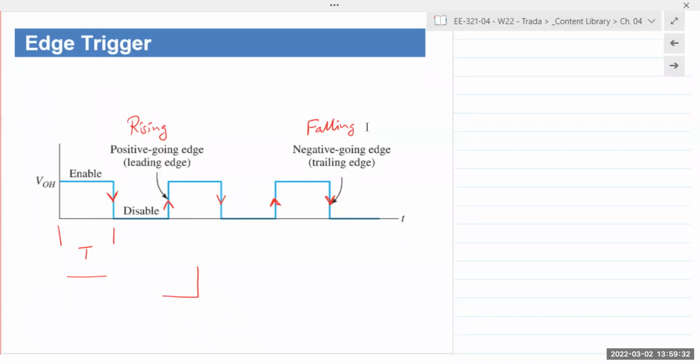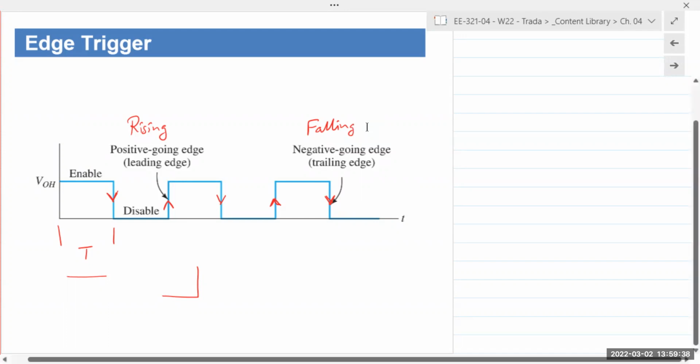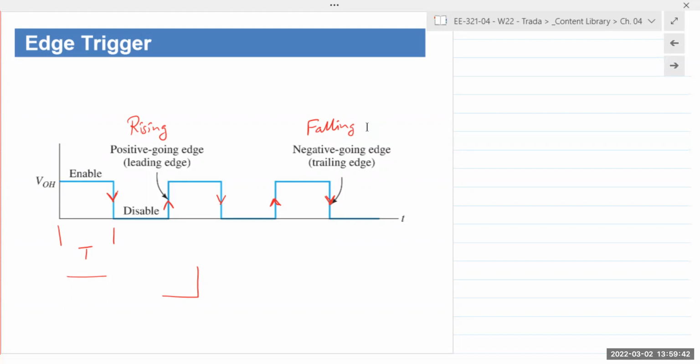One of the places where you would have seen this is on the oscilloscope, if you're taking the lab. I don't know if you have done it in 361, but in 251, definitely when you did the oscilloscope experiment, you were trying to find the time constant of the waveform. And you were setting the edge either to a rising edge or to a falling edge. Does anyone remember that? You're trying to find the time constant of the charging pulse of the waveform.